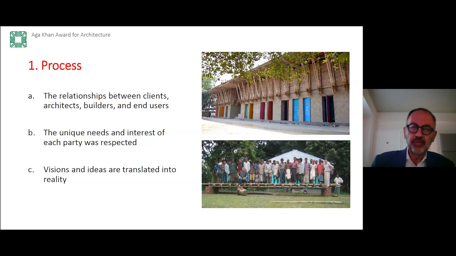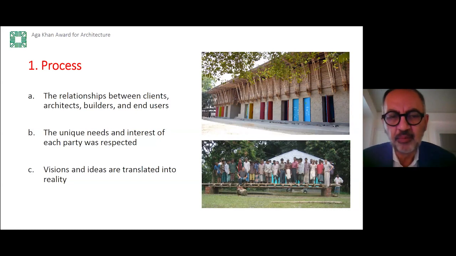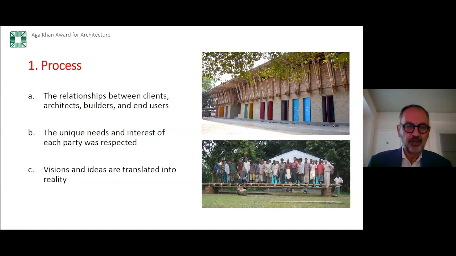But what you have to do is respect every person and persuade them that these ideas are good for them. I'm using here an image, which I loved. In Bangladesh, two German architects went to build a school in the north of Bangladesh. There, they usually build in mud and everything is swept away. They introduced how to use bamboo and how to make a big span with the bamboo.